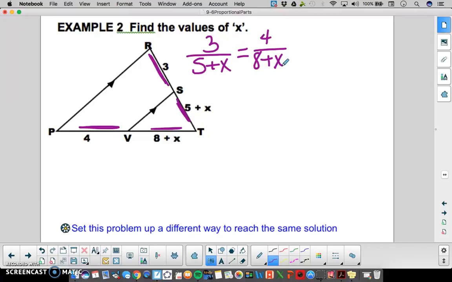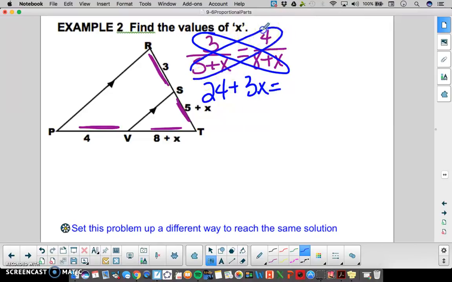Now that I have my proportion set up, I'm just going to solve by cross multiplying and solving the resulting algebraic equation. So 3 times 8 plus x is going to be 24 plus 3x equals, distribute the 4 times 5 plus x, so I get 20 plus 4x.